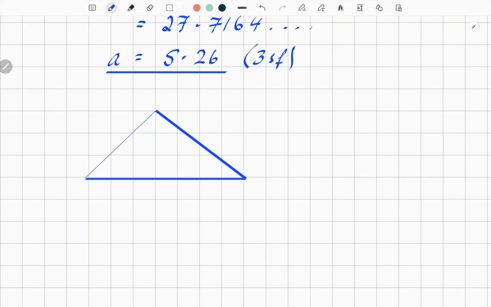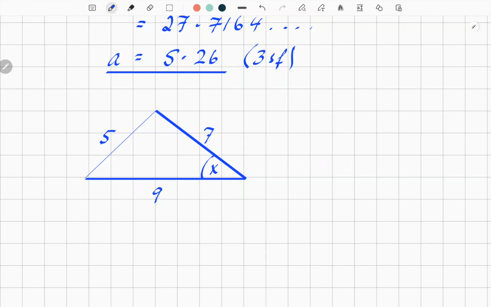Okay, so again, imagine I've got 5, 7, and let's make this one 9, I suppose. So we have three sides now. And imagine I want to find this angle here, that one there.